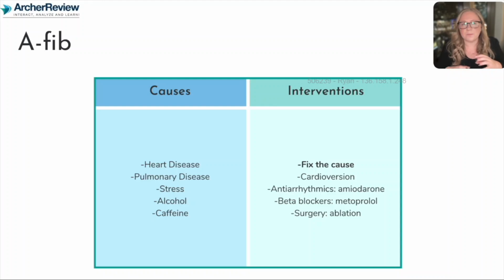Sometimes there's a bundle along that electrical conduction highway of the heart that's sending out these haywire electrical impulses. It's a rogue driver on the freeway on this electrical highway, and it's causing all of these erratic electrical activity or impulses to go out.